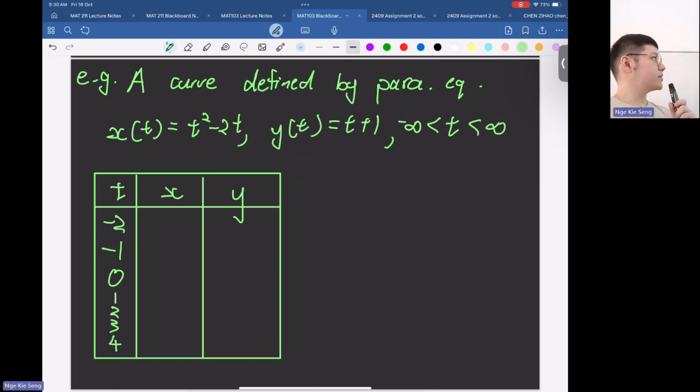After you compute it, please plot it out. Guess what the pattern is. What's the shape of this curve?